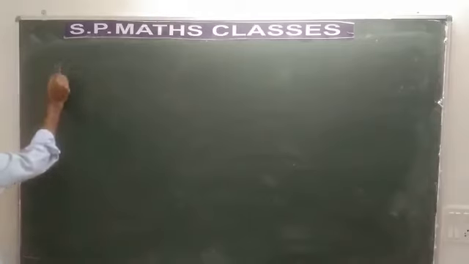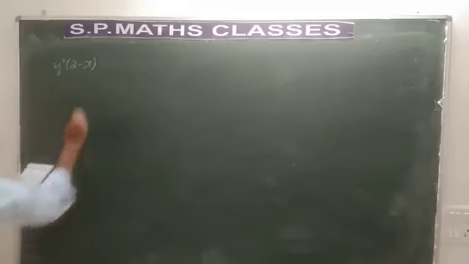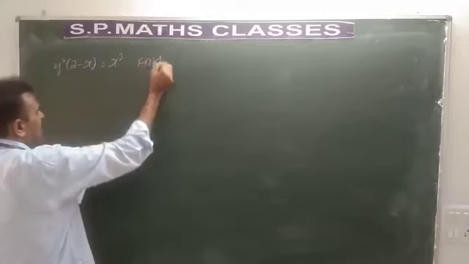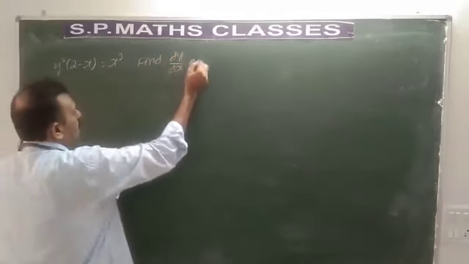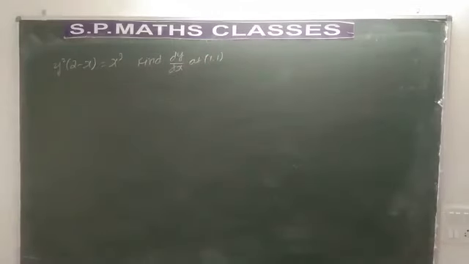y squared into (2 minus x) is equal to x cube. Find dy by dx at (1, 1). You are asked to find the derivative at (1, 1).